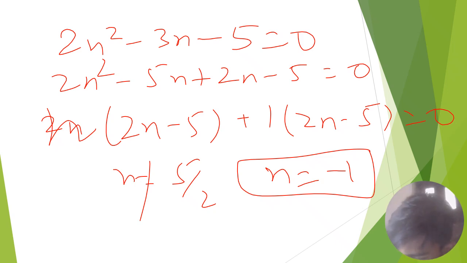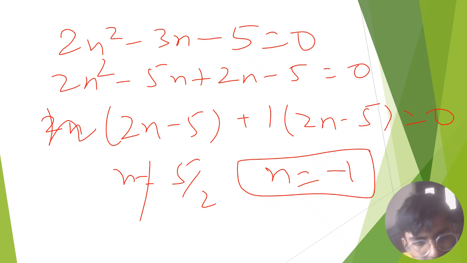Square 2 into 2 4, and minus 1 square, n square plus 1 minus 2n, 2n square minus 3n, or minus 4, minus 5.